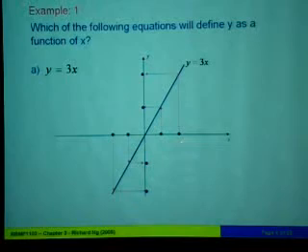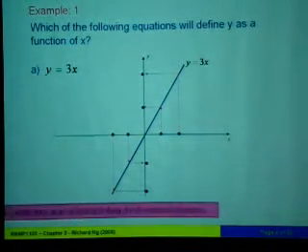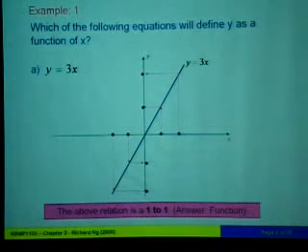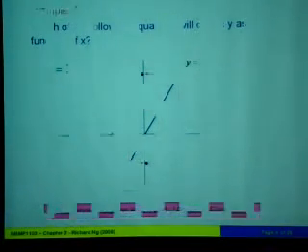Similarly for this point, and for this input x, we have one output y. So therefore, this kind of relation is called a one-to-one relation, and this equation is a function.